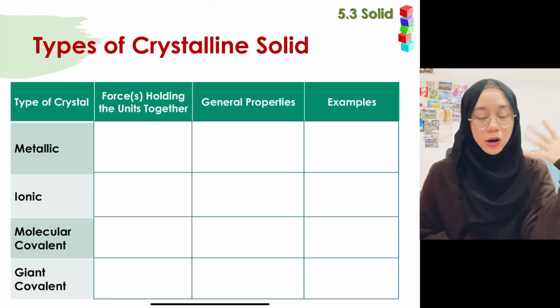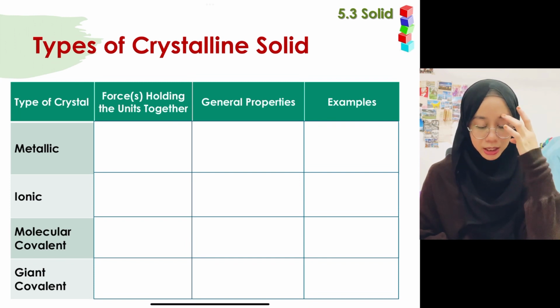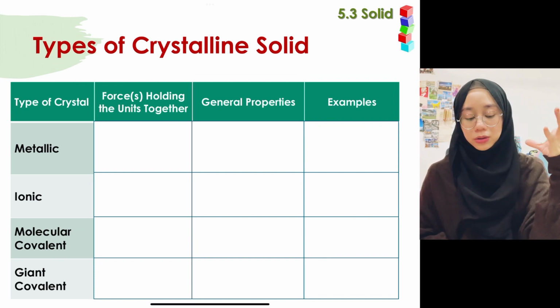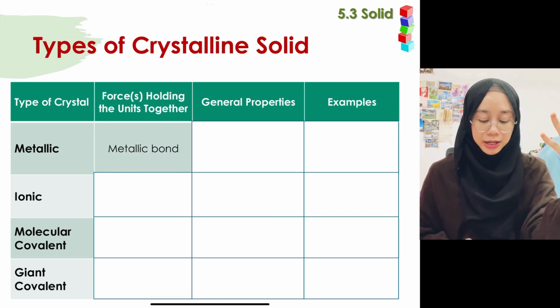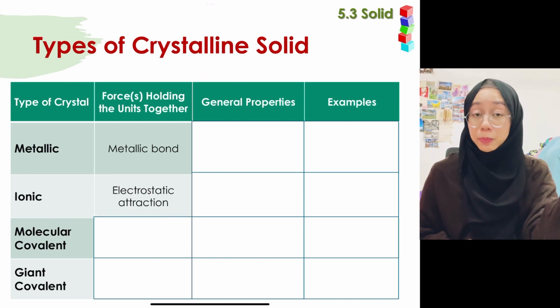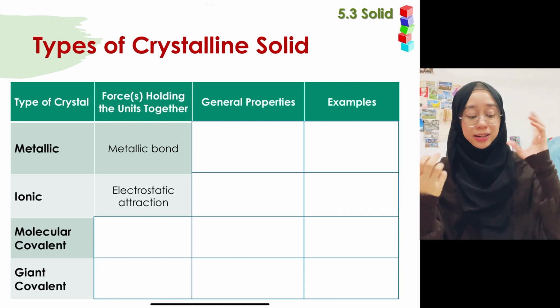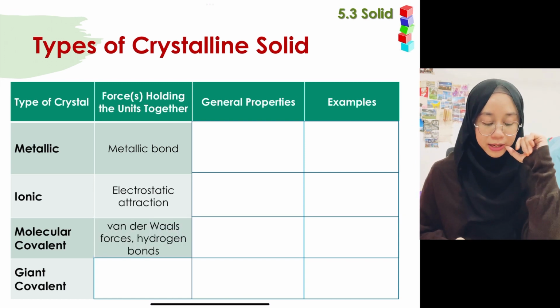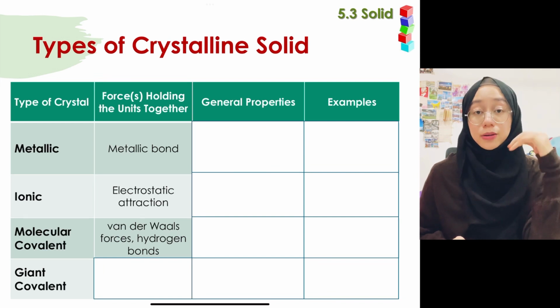Okay, so in conclusion, untuk the 4 types of kita punya crystalline solid tu tadi, in terms of force yang hold all the units together. Kalau dalam metallic solid tadi, it is held by metallic bond. Kalau ionic bond lah, okay, ataupun electrostatic attraction between cation dengan anion. Kalau molecular covalent pula, it is connected by the van der Waals ataupun hydrogen bond.